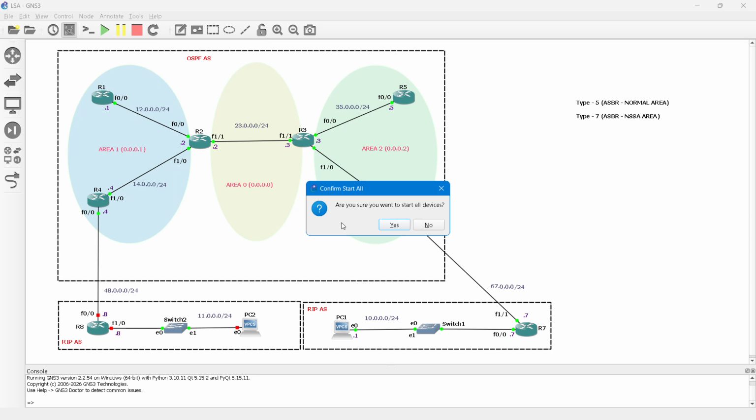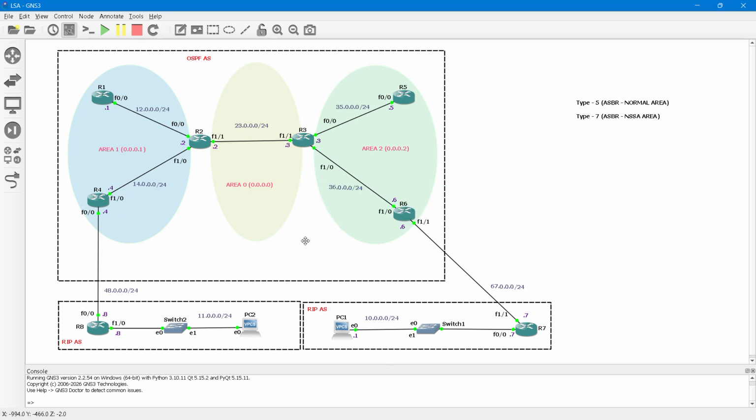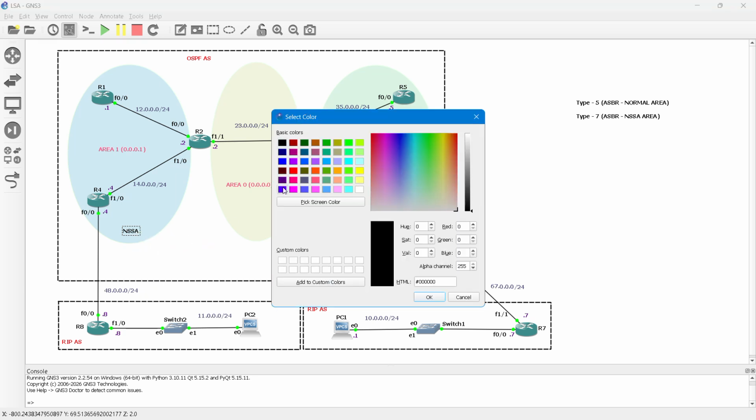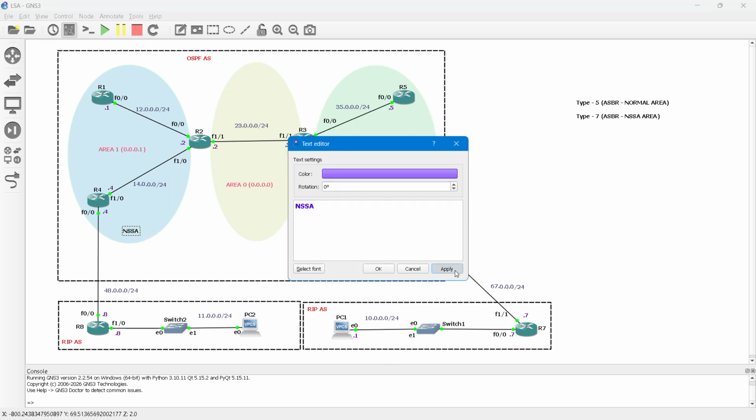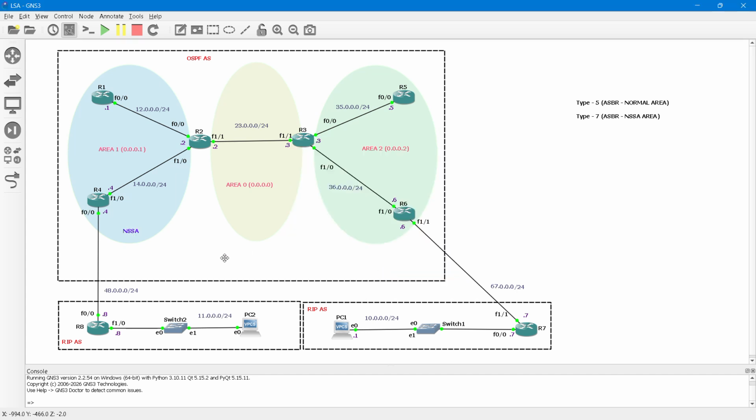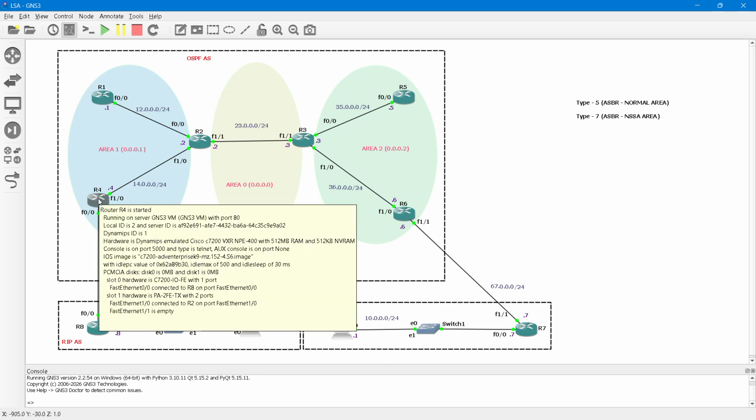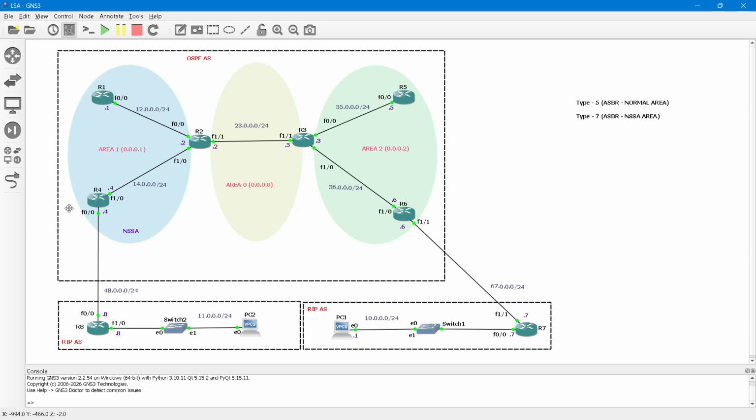So this is our topology attached to our R4, and this area 1 is now our NSSA, the not so stubby area. Let me color this something bold. As you can see, R4 here is working as ASBR in this particular area, area 1.